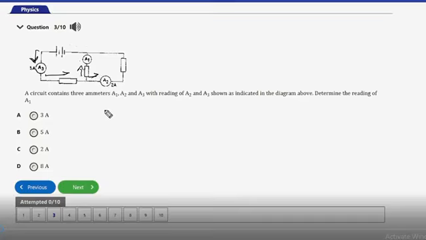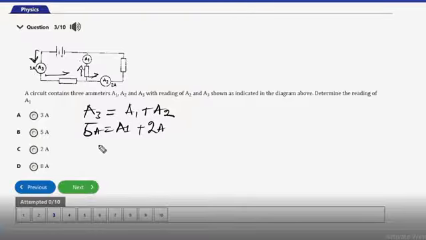So in order to consider what the current getting to A1 and A2 will be, it means that A3 will be equal to A1 plus A2. So in that case, A3, which is 5 amps, will be equal to A1, which is unknown, plus A2, which is 2 amps.